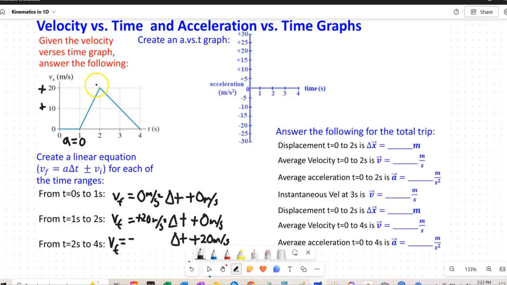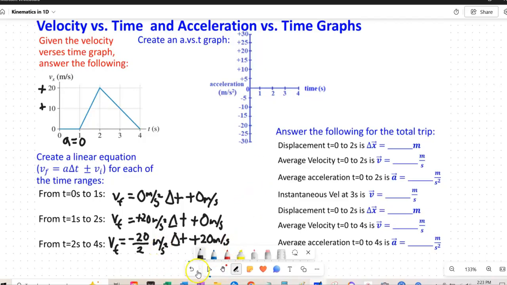That's dropping by 20 over the period of 2 seconds. So that's negative 20 divided by 2, negative 10 meters per second squared. I'm just going to keep it like that.